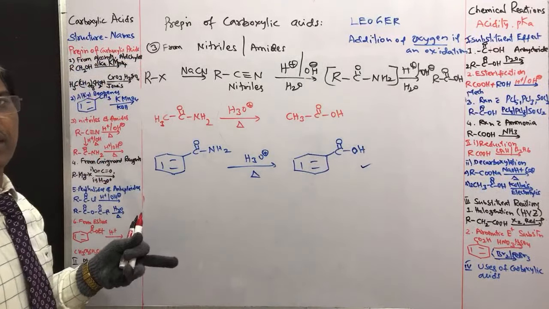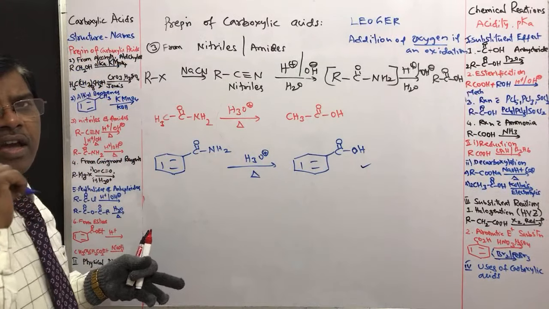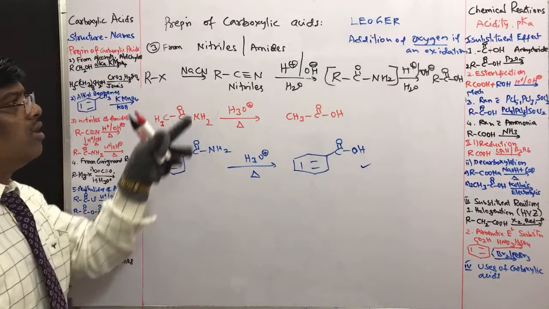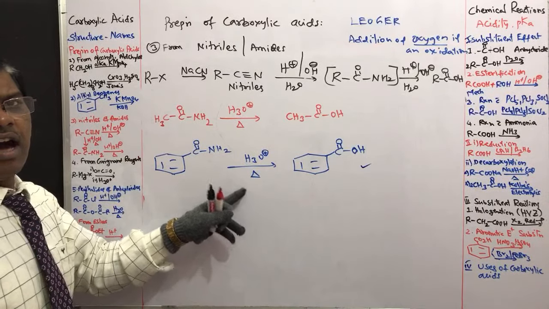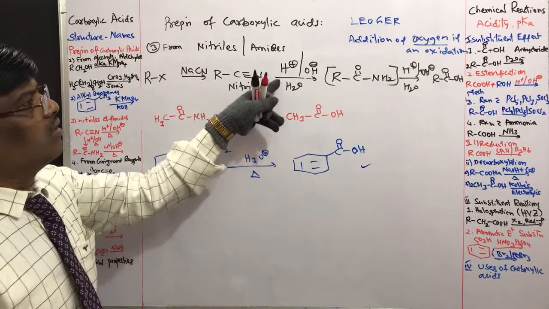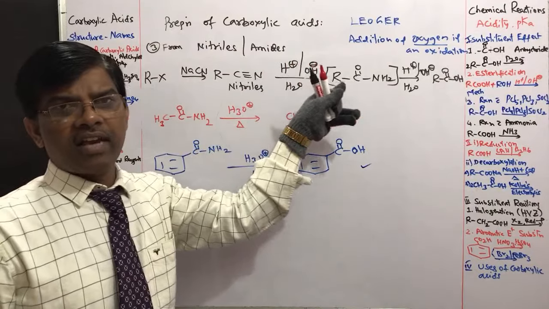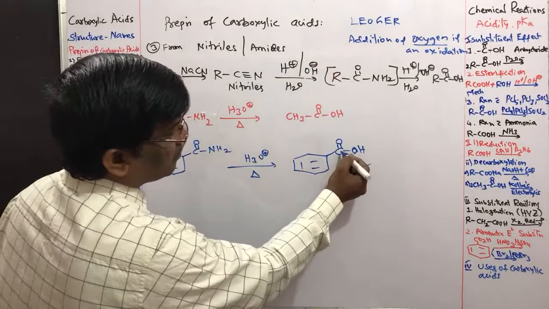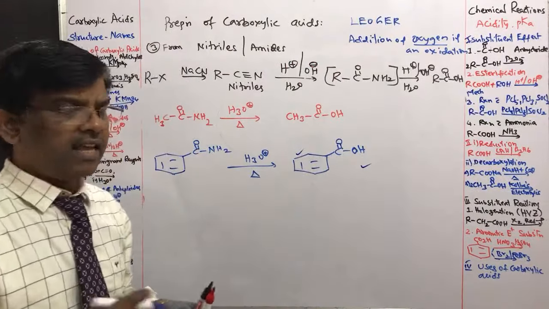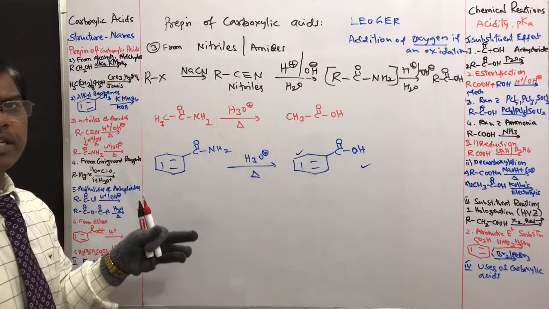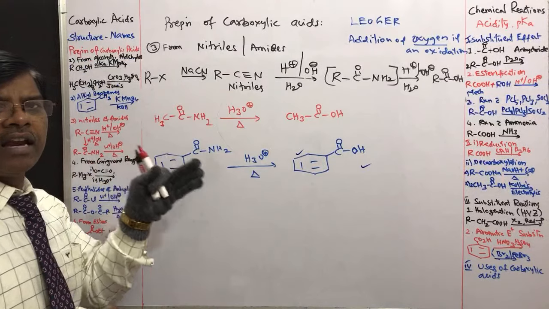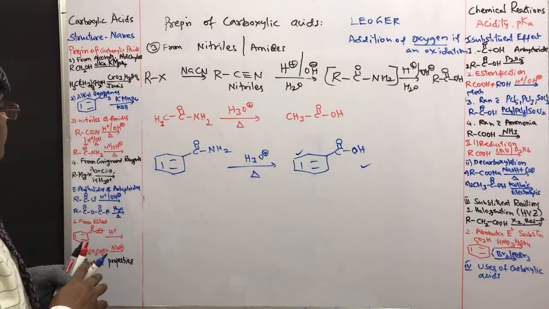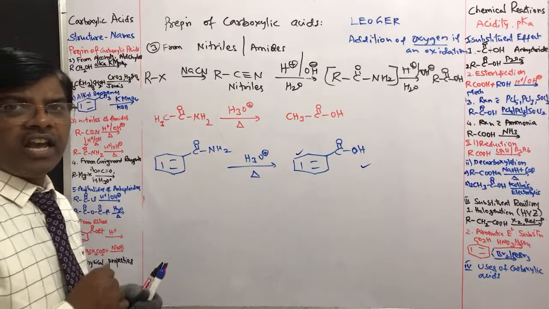This is the way you can get one carbon extra via cyanidation followed by oxidation using acid or base hydrolysis to get the carboxylic acid. This is one of the methods for preparing carboxylic acids with one extra carbon from alkyl or aryl halides. Next, from Grignard reaction.